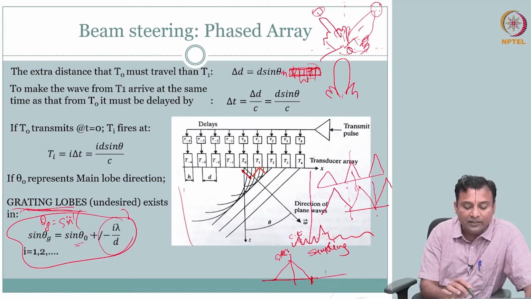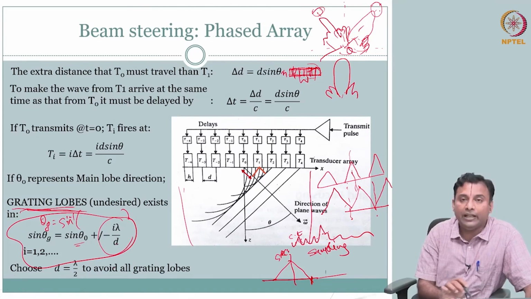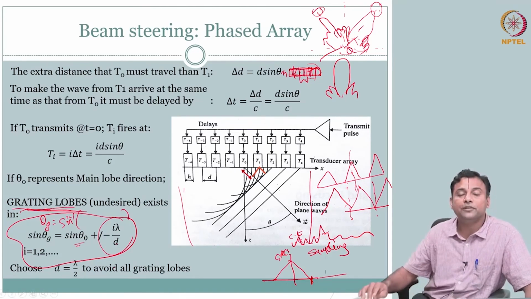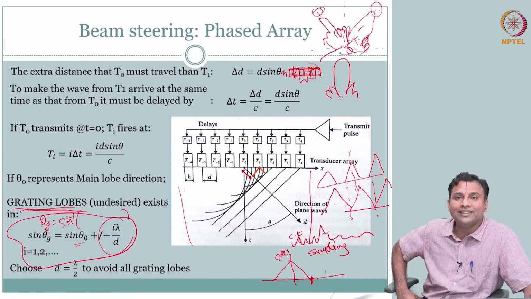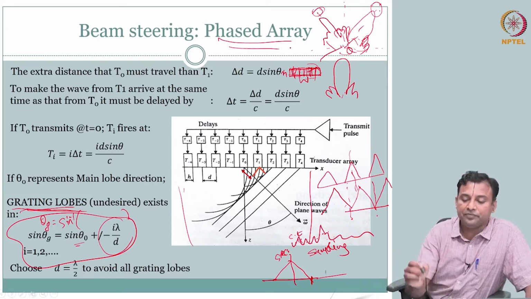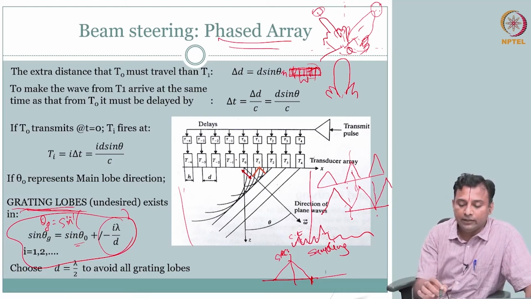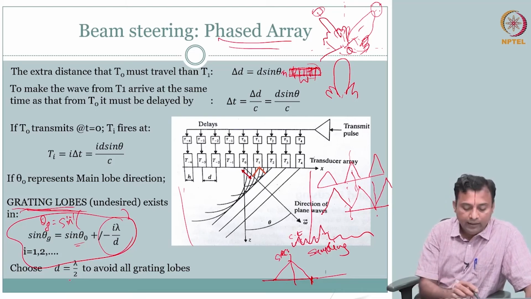So sin theta 0 is sin theta 0, but look at this guy. If I choose my d to be lambda by 2, then I can avoid all grating lobes. Now you understand why this array is called phased array. So it turns out phased arrays are arrays such that the d is lambda by 2.